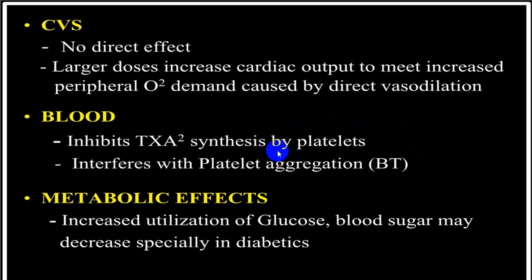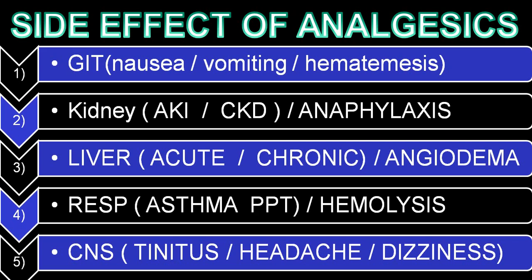But it is very useful to prevent the formation of a thrombus. It also increases the utilization of glucose and blood sugar may decrease partially in a person who is diabetic. So you have to be aware that when some of the NSAID are utilized in a good dose for a prolonged period, it can produce a reduction in glucose level, particularly in a diabetic person. So you should be aware of that.